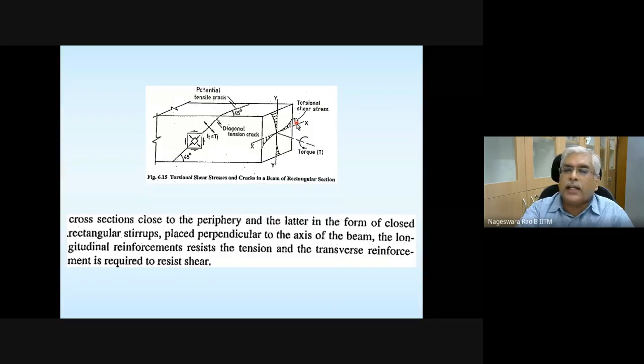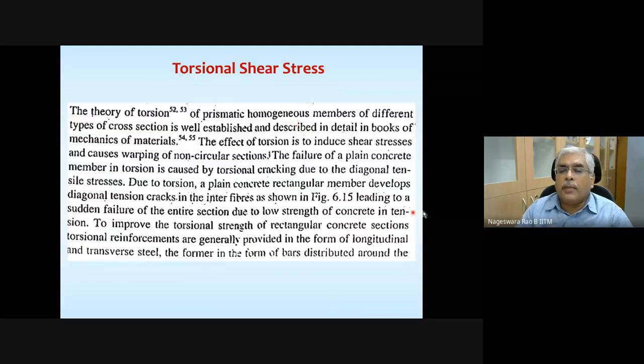That you need to keep in mind. Let me complete this: due to torsion, a plain concrete rectangular member develops diagonal tension cracks, leading to sudden failure of the entire section due to the low strength of concrete in tension.